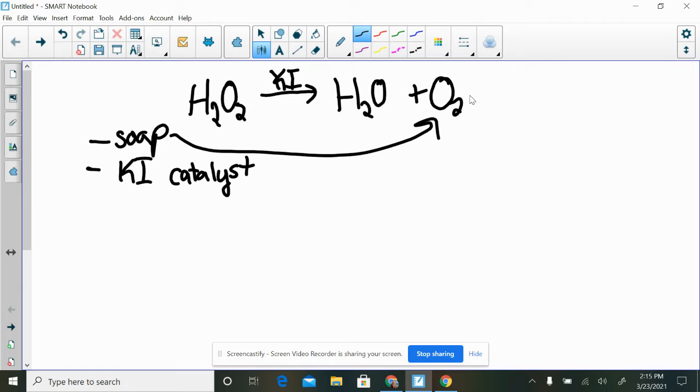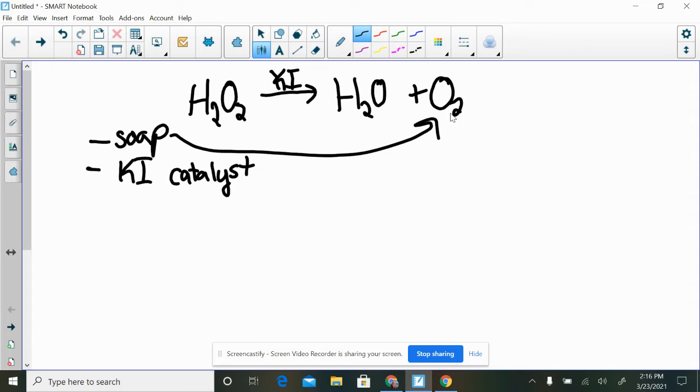So pretty much as soon as they poured in that potassium iodide, all of a sudden the elephant's toothpaste quite literally exploded out of the container. Without that potassium iodide, you actually still had this reaction going on. H2O2 was breaking down into just water and oxygen gas.